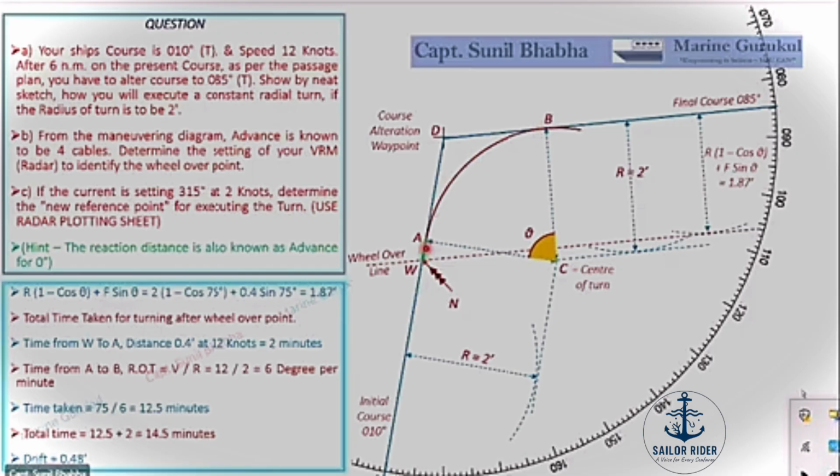The resultant of both these vectors will be basically the course made good by the ship, or you can say the track, the curved track made good by the ship.